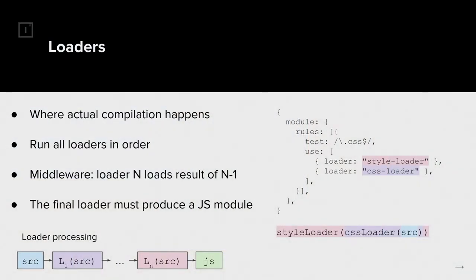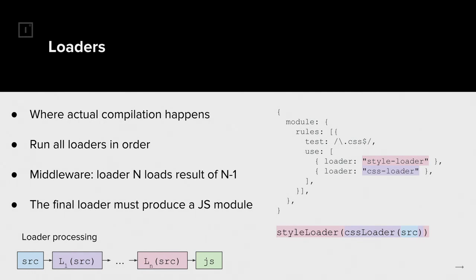Like I said, this is where the actual compilation occurs. If you look on the right-hand side here, we specify a series of loaders, and whenever we're able to match one of these loaders to one of our source files, we execute all of the loaders specified. We run them from the last loader specified to the first loader specified.